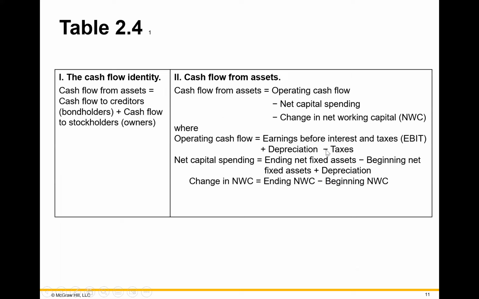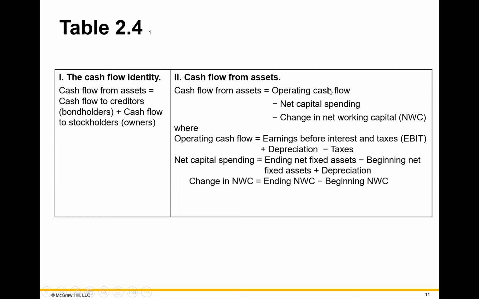Here is an example of the situation that I'm talking about. So if you do it from this approach, as we mentioned, cash flow from assets is operating cash flow minus net capital spending minus change in net working capital.